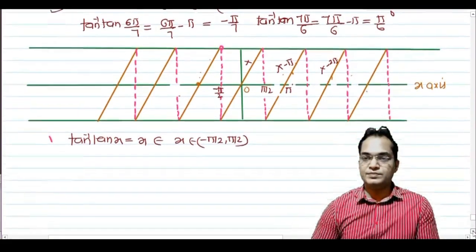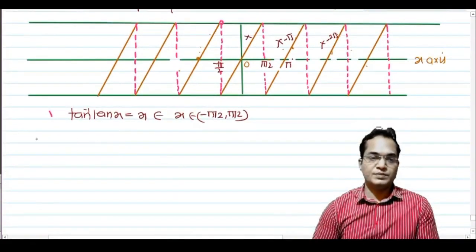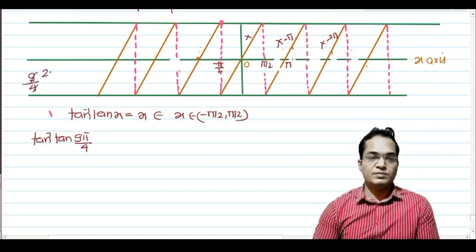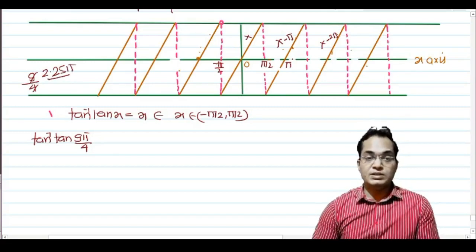Write it here. Tan inverse tan 9 pi by 4. Where does this 9 pi by 4 come? 9 by 4 is 2 point something, or you can say 2.25. Means 2.25 times pi, which is just over twice pi.